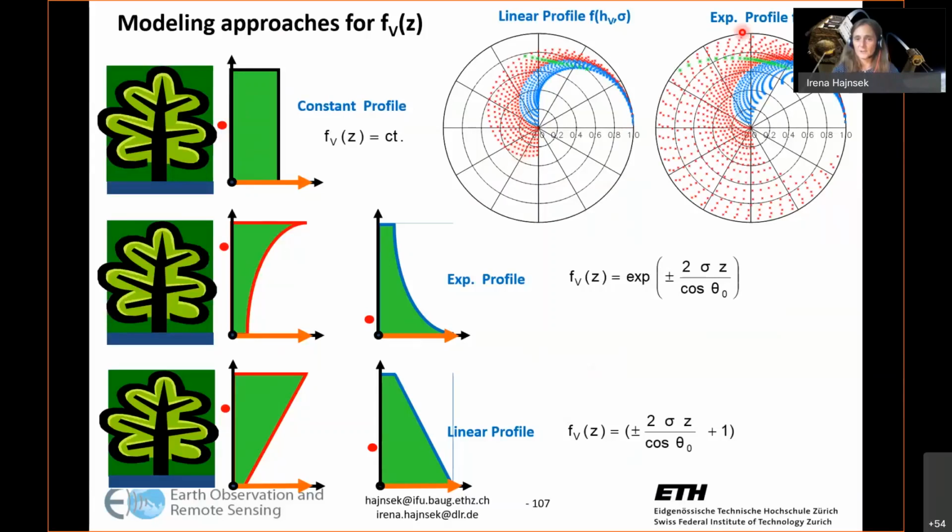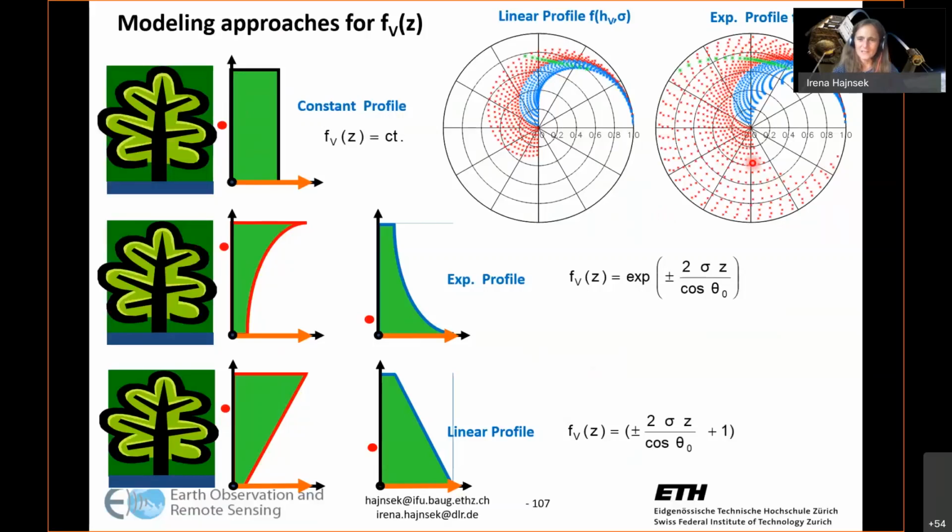For the exponential profile, it's a little bit different. You see it's even spanning a wider area that can then later be inverted, compared to the linear. For the exponential, the red one spreads over quite a huge area, which is nice.